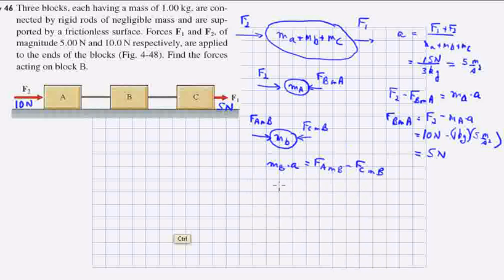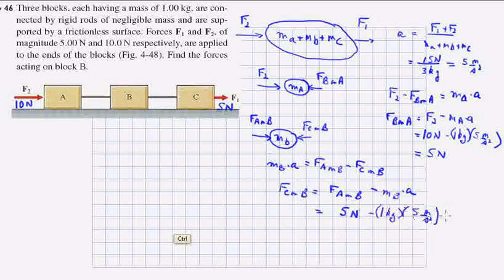F of C on B is equal to F of A on B minus M_B times a, and that's equal to 5 newtons. That's what we got before. The magnitude is 5 newtons, and this is minus 1 kilogram times 5 meters per second per second.